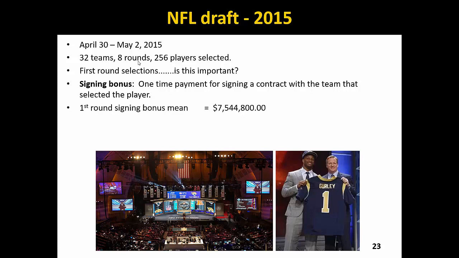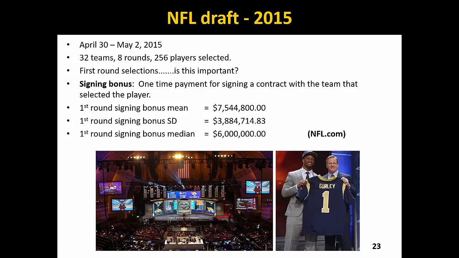In 2015, the average signing bonus for the first round selectees, for 32 of them, was just over $7.5 million. The standard deviation, as you can see, is almost $4 million. So less than the average, but that's still a pretty large standard deviation.